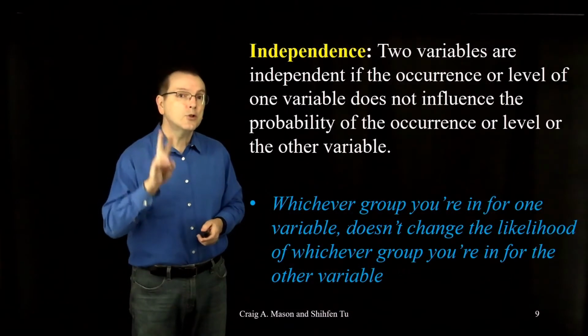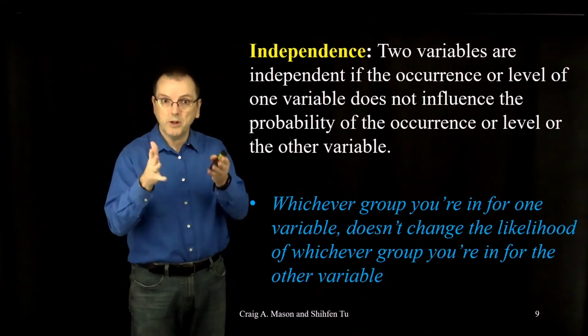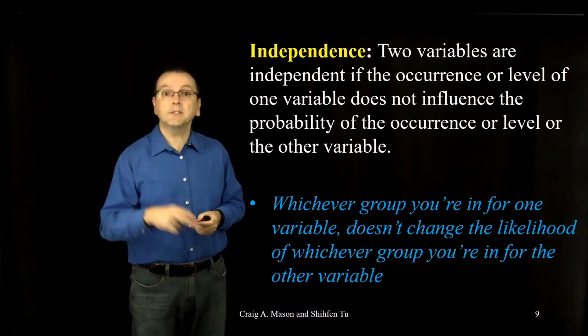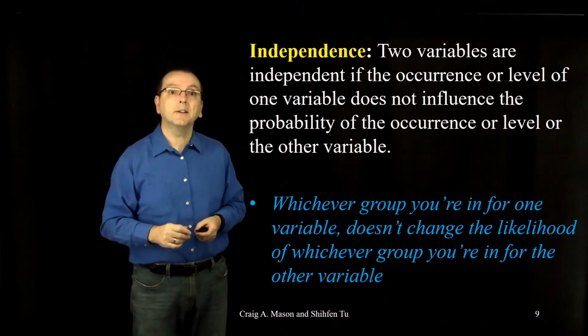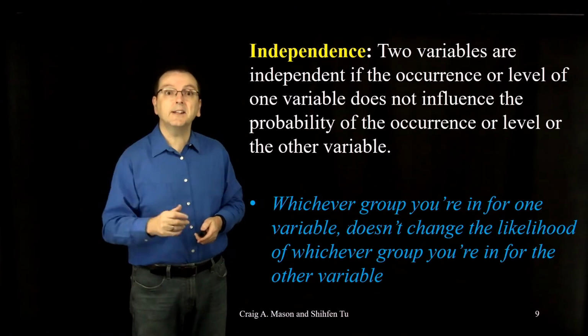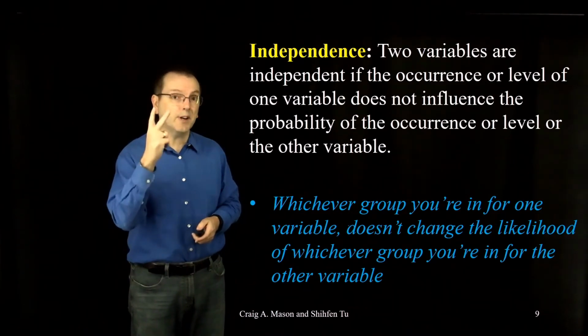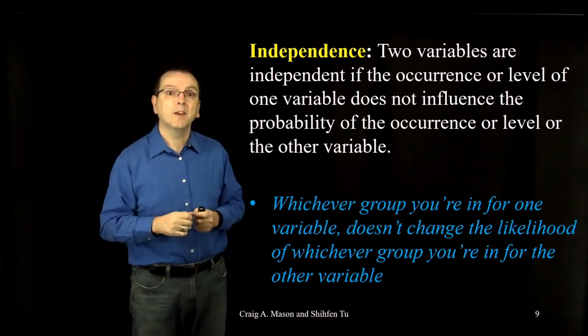So we have two categorical variables. One, what state you live in, which has three different categories, Maine, New Hampshire, and Vermont. And the second, have you visited Disney, which has two different categories, you visited or not visited.